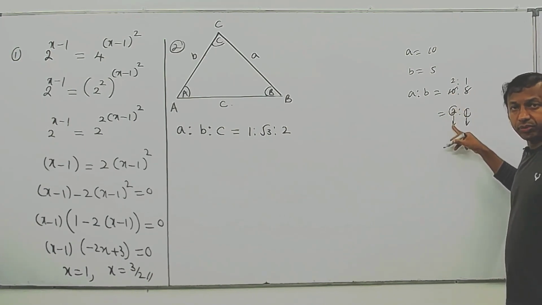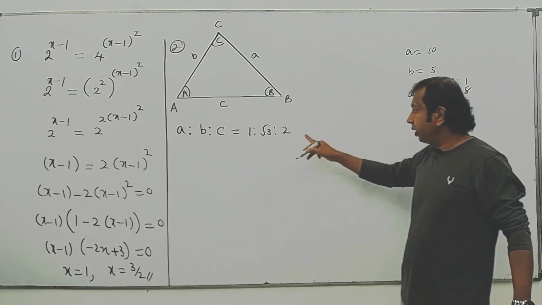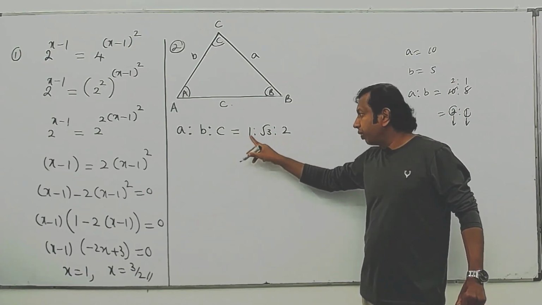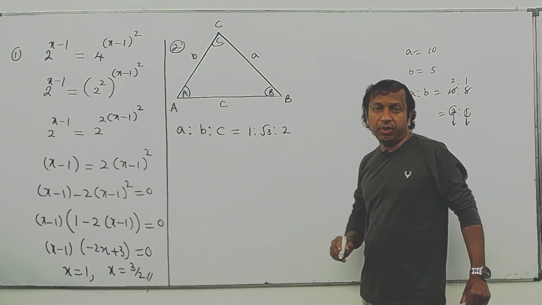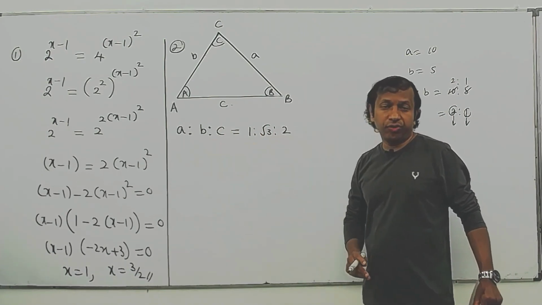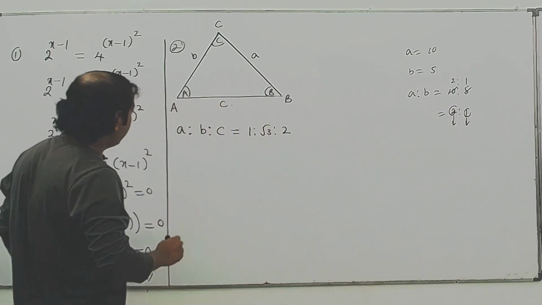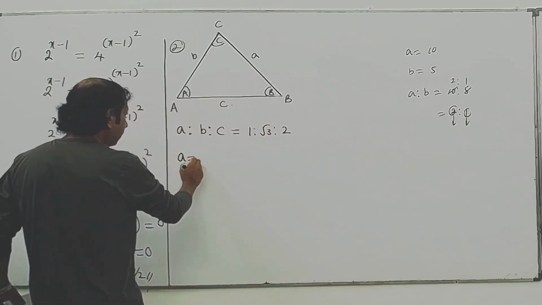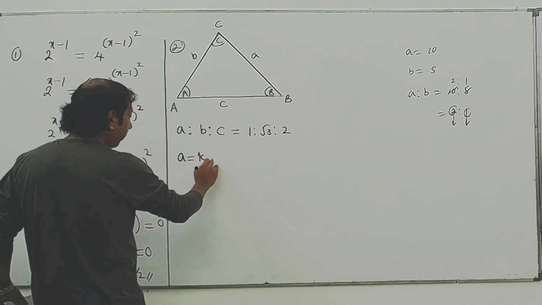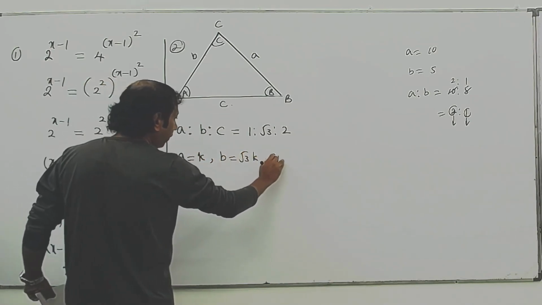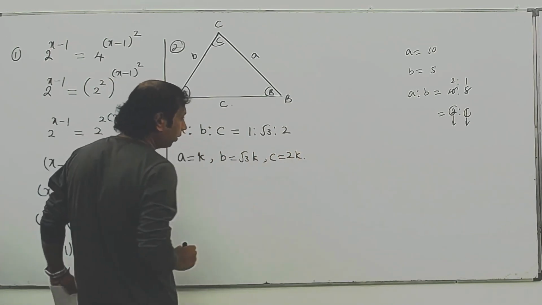So I am going to multiply all three by k to find the actual values of a, b, c. Now you can understand that. Therefore we can write a equals k, b equals root 3 k, c equals 2k.